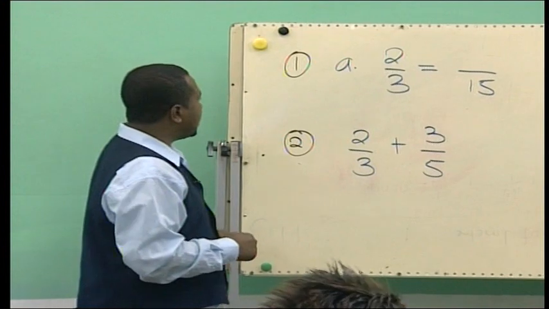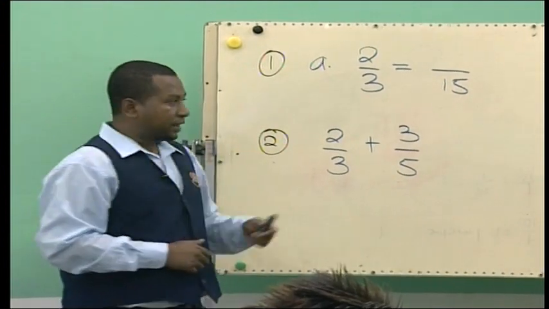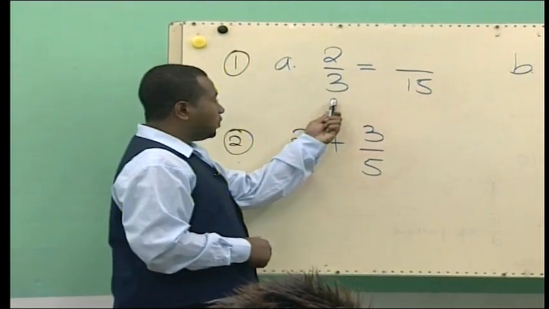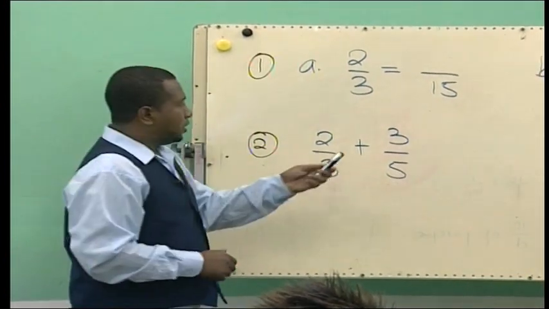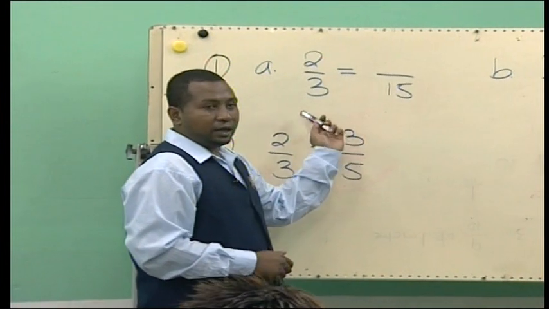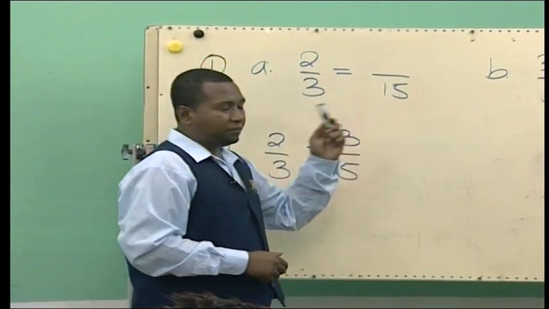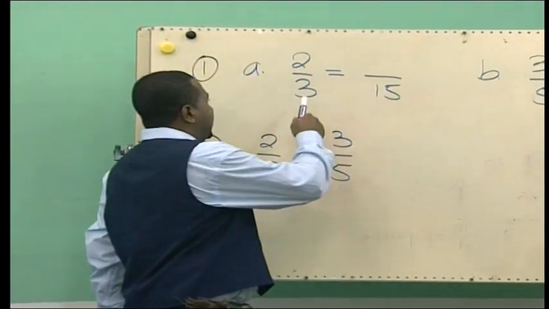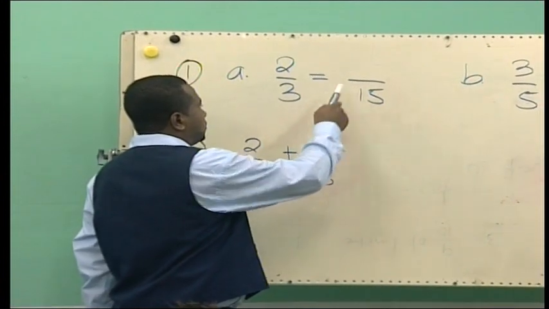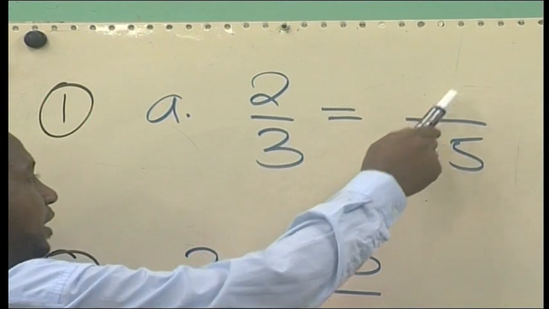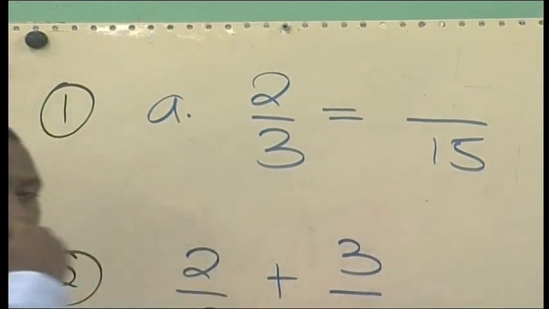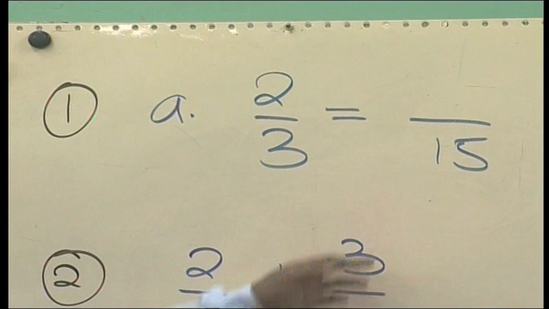So exercise 1A. In exercise 1, we have to find the numerator of each of A and B. For example, A, 2/3 is equal to, the answer is not given, especially the numerator, and the denominator is given. So our clue is here.